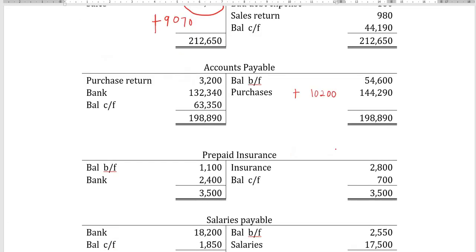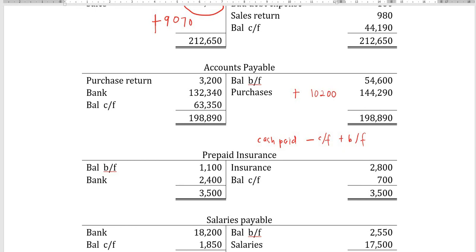Okay, prepaid insurance in your balance, okay, in your cash book ada insurance expense. Okay, that is your cash paid. Okay, so dia akan jadi cash paid plus minus CF plus BF.